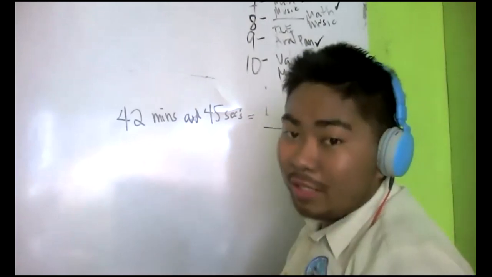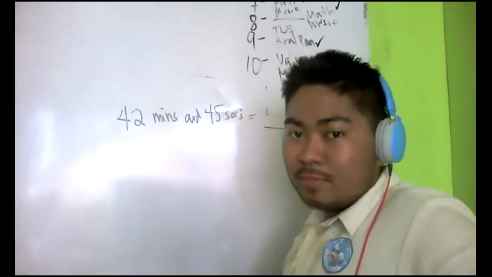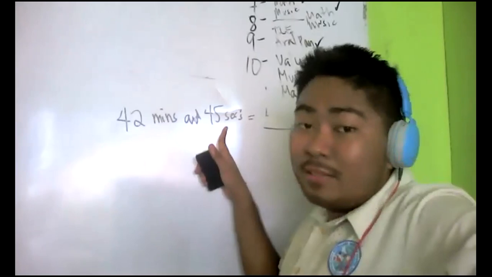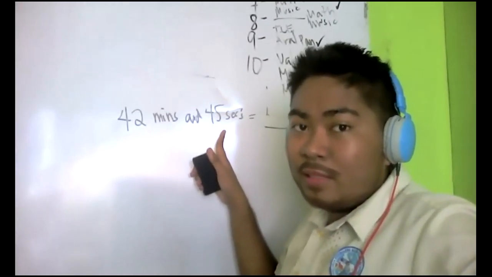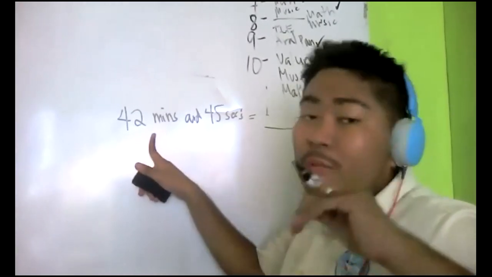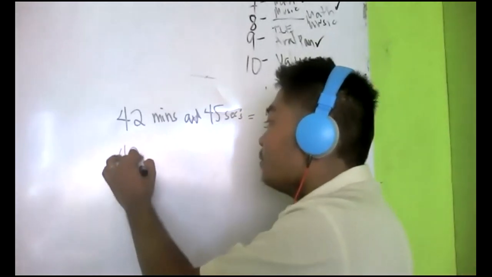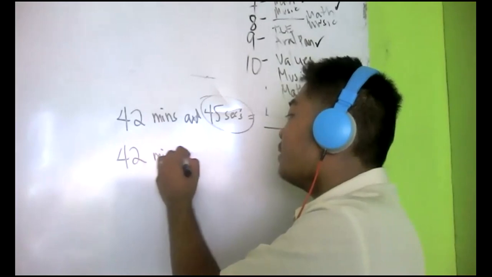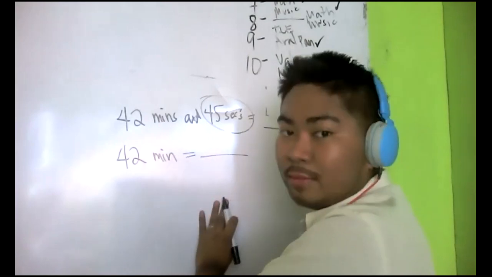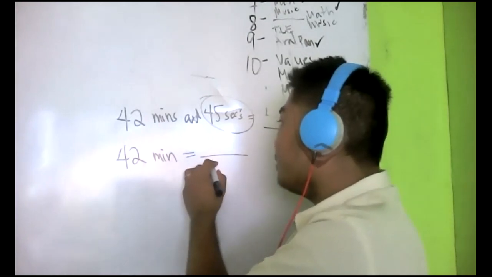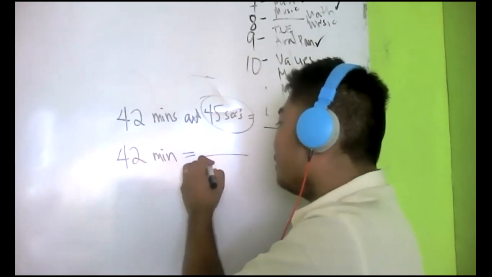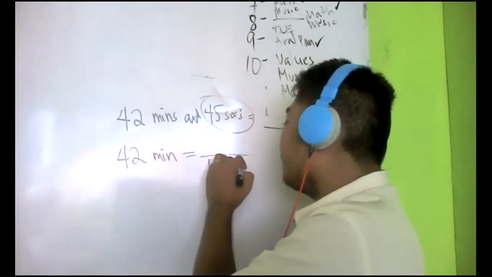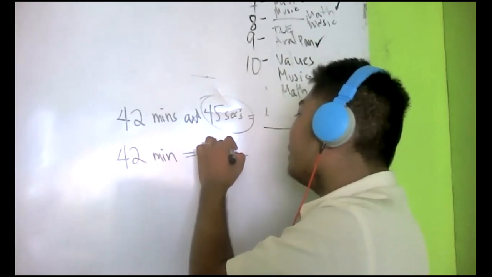What do you need to convert here? Do you still convert the seconds? No, only the 42. You just add the seconds later. 42 minutes is equal to what? 1 minute is equivalent to 60 seconds.